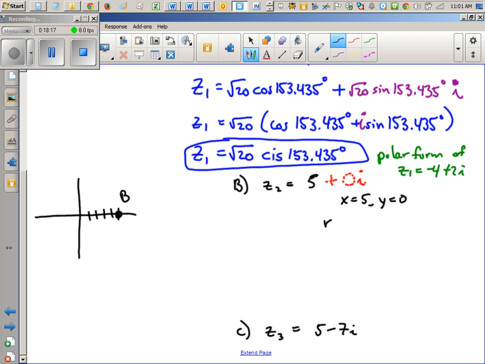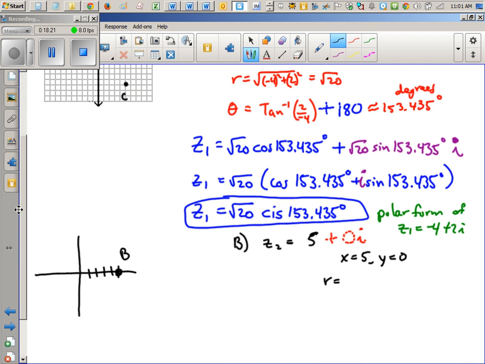How would you find r? Remember how I got the root 20 earlier? I'll show my work up here in red there, see it? So r is the square root of x squared plus y squared. But wait a minute, that just gives me what? This just returns 5.